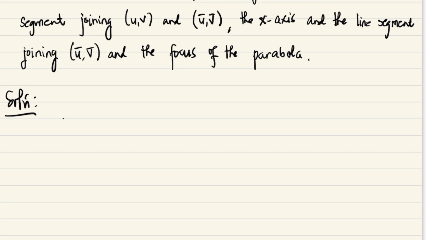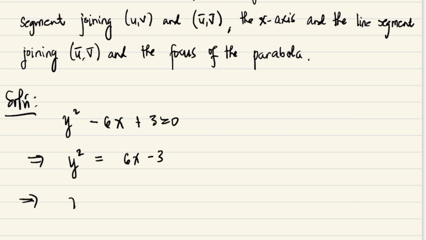So I would get y squared minus 6x plus 3 equals 0. If I'm going to rewrite that, I would have y squared equals 6x minus 3. And so rewriting this further, I would have y squared equals 6(x minus 1/2).